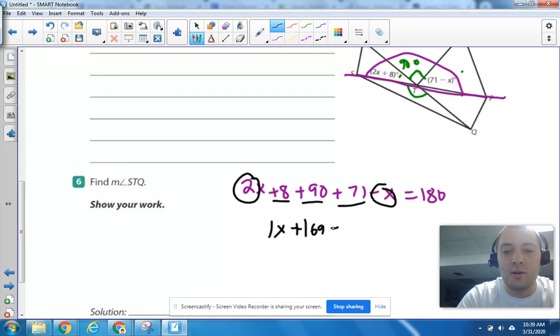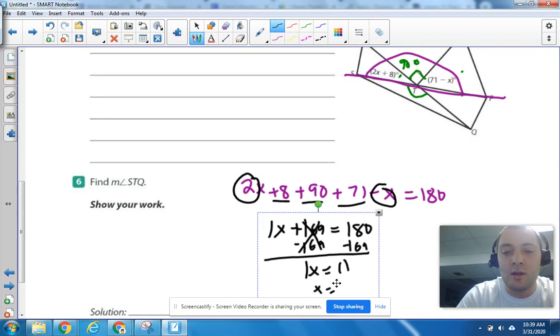And those have to add up to 180. So I can subtract that from both sides. I get 11. Divide both sides by 1, and I get x is 11.